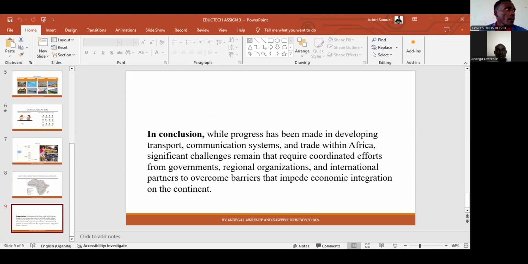When we cooperate with these organizations, I'm sure we can boost our sectors in terms of transport, communication, development, and others. By cooperating, we can overcome these barriers that impede economic integration on the continent of Africa.